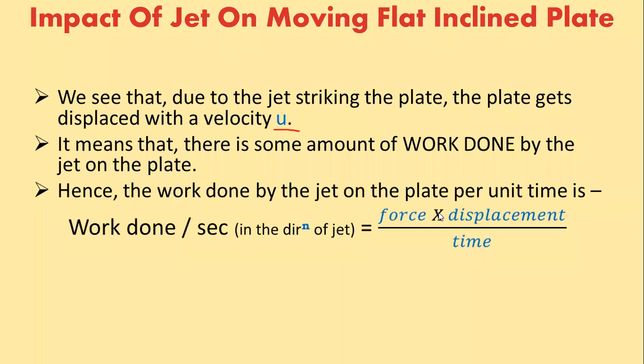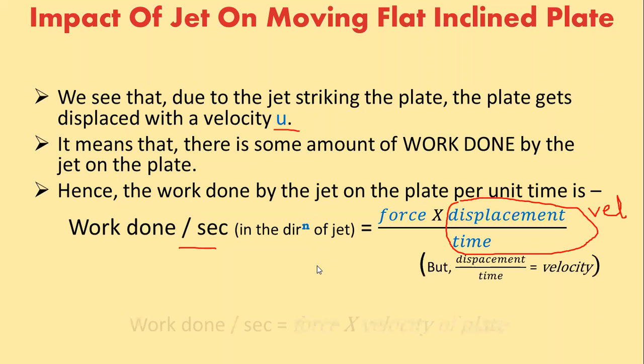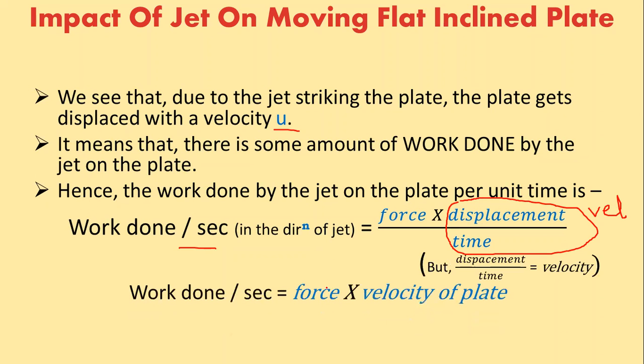Hence, the work done by the jet on the plate per unit time, that is work done per second, will be force into displacement divided by time. But you already know displacement upon time is velocity. So it will be nothing but force into velocity of the plate.